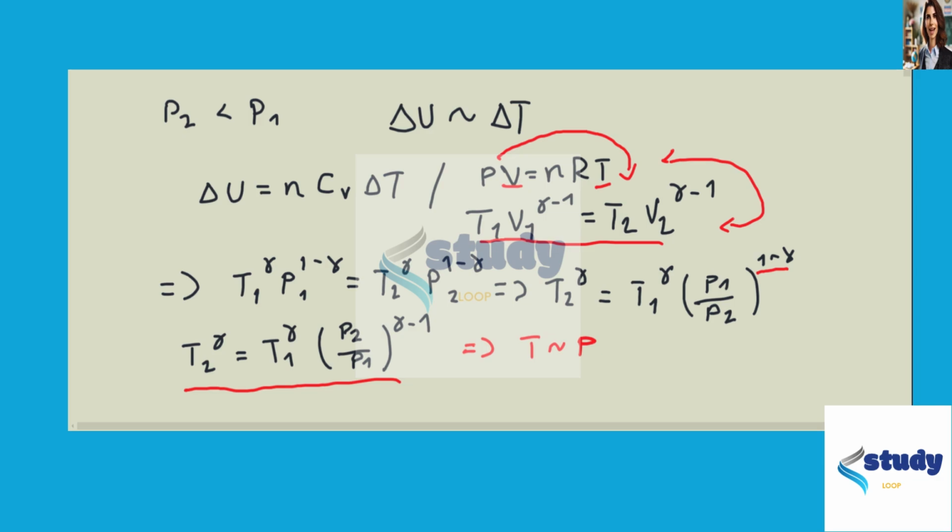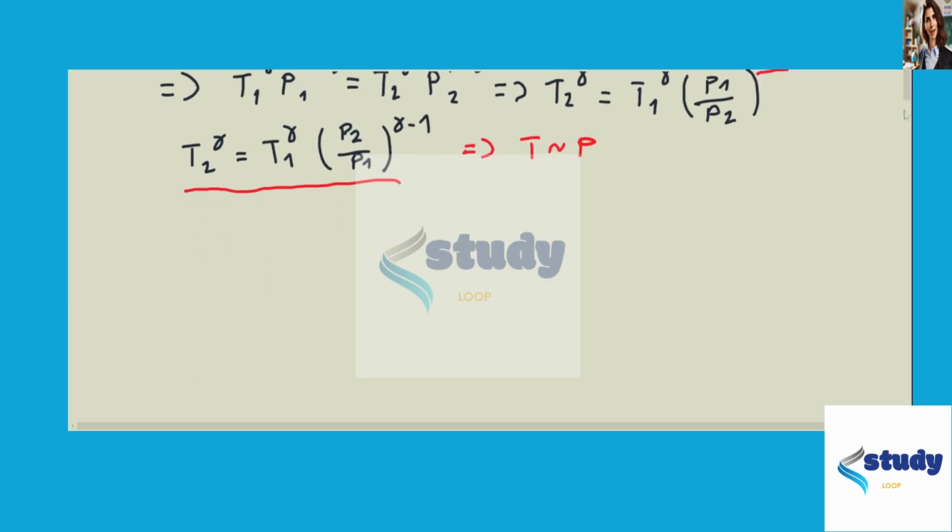Therefore, since the pressure is decreasing in this process, the temperature will also decrease. So if delta P is decreasing, it implies that delta T will also decrease.